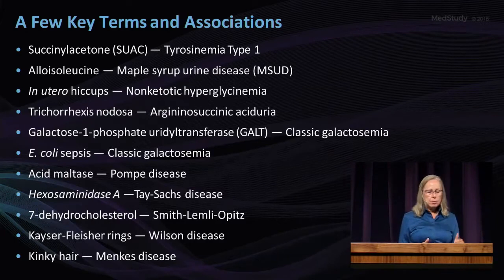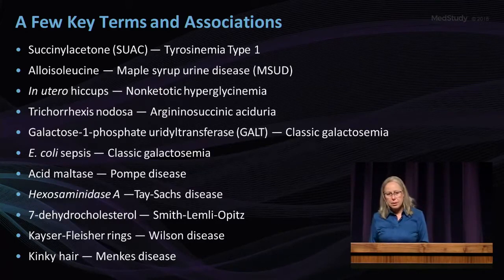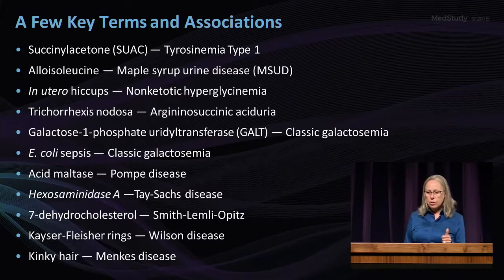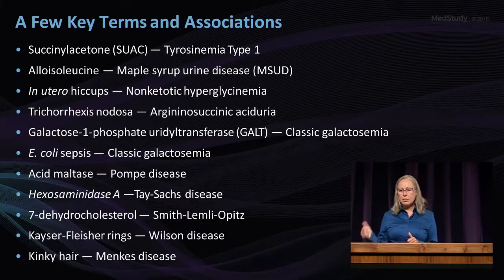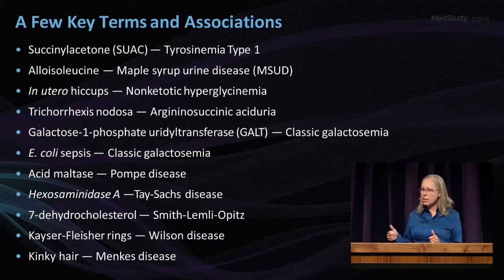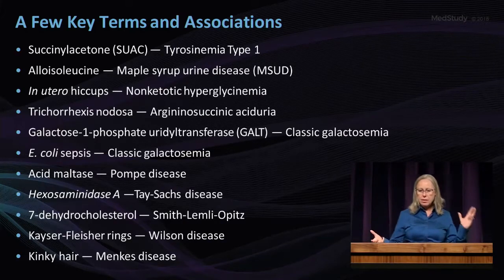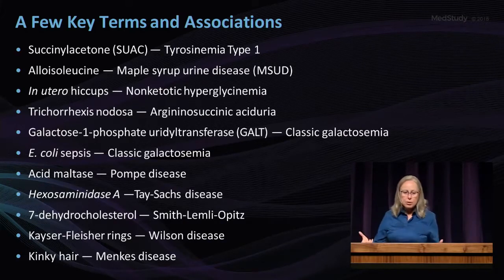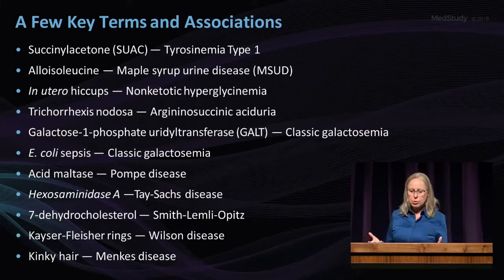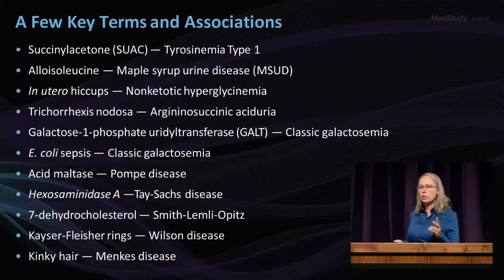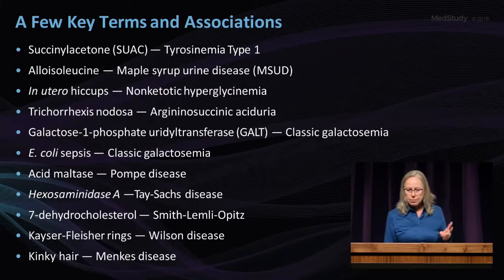In utero hiccups is non-ketotic hyperglycinemia. Trichorrhexis nodosa is argininosuccinic aciduria. GALT is classic galactosemia. E. coli sepsis is classic galactosemia. Acid maltase is Pompe, hexosaminidase A is Tay-Sachs. 7-DHC is Smith-Lemli-Opitz, Kayser-Fleischer rings are Wilson's disease, and kinky hair is Menkes disease. So know the two that you have to call your dermatology friends on the weekend.